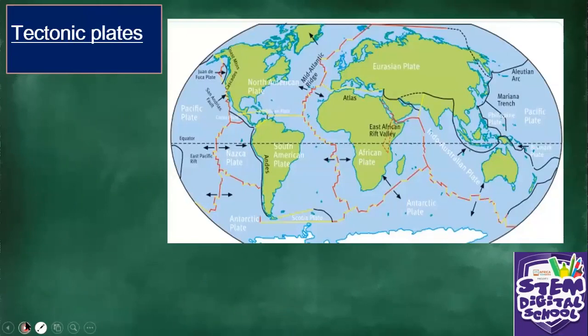Here is a picture showing you the plates we talked about in the previous slide. Can you see Pacific plate here?